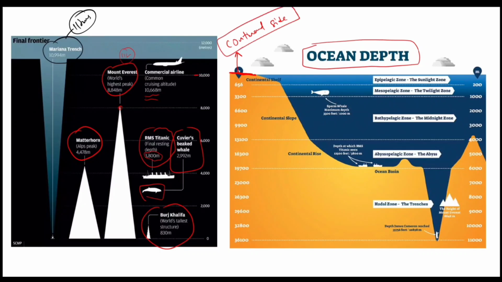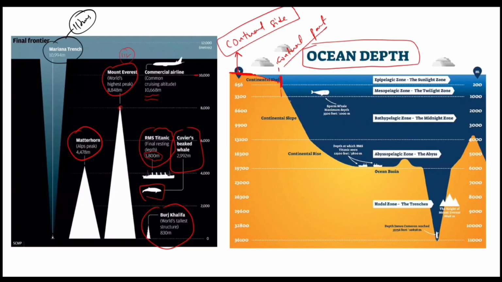Now you see that this is sloping up to this much extent, which is the continent part only. We calculate the continent part up to this much part, which is the continental shelf. This is the actual continent part. This is usually referred to as the continental slope.